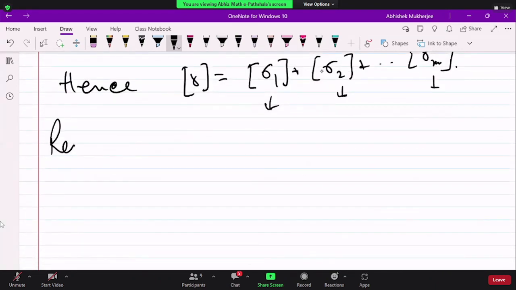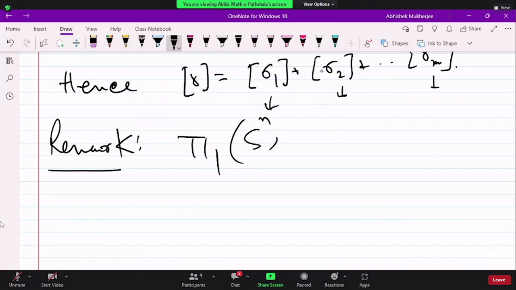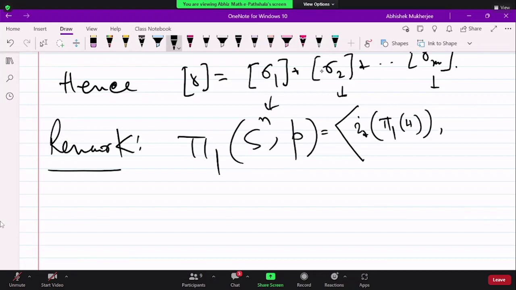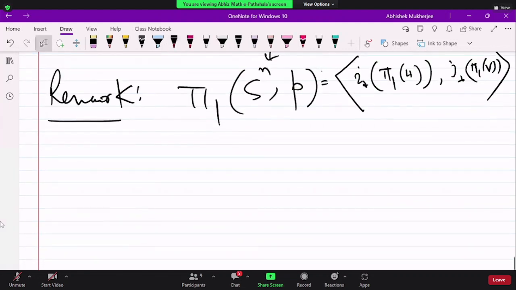So remark that pi 1 of S^n based at this point can be generated by i star of pi 1 of U and j star of pi 1 of V, but these are trivial groups.